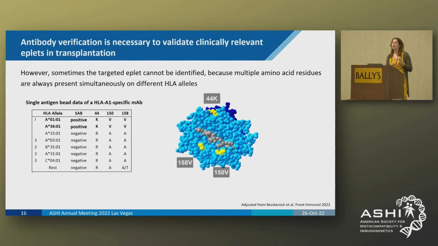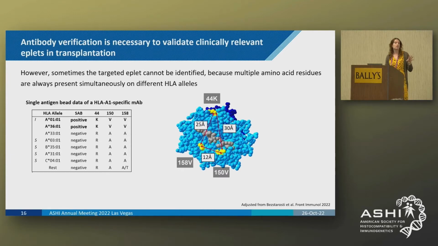And if we then look at these 3 positions on the HLA-A1 molecule, you see that they are quite far away from each other. As you might remember, when I introduced eplets, the definition is that they have to be within this 3.5 angstrom radius to be able to bind to that single CDRH3 region of the antibody. So if we look at the distances between these amino acids, it's actually way more than these 3.5 angstroms.